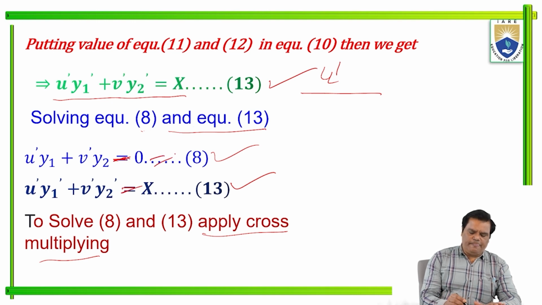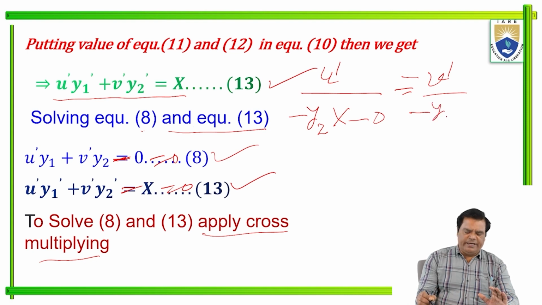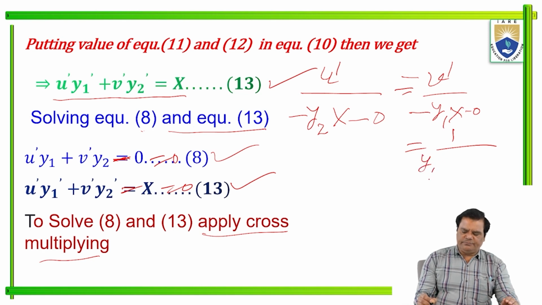Multiply this: minus y2 x, minus 0, equals v dash upon this, y1 x minus 0, equals 1 upon y1 y2 dash minus y1 dash y2.